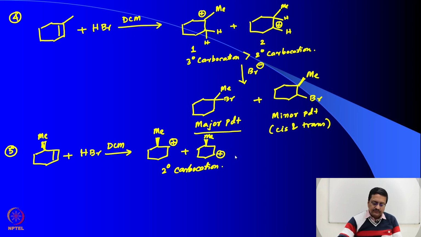Therefore, both of them will give the corresponding product with the reaction of bromine, and once again what you can see is that the number of possible products becomes large.